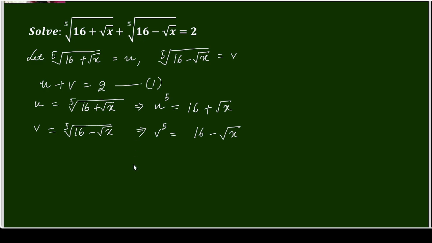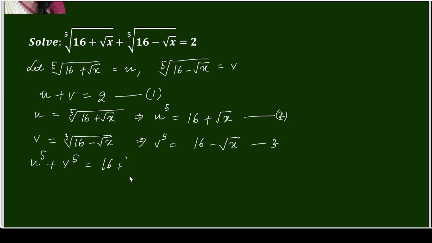Adding these two expressions, 2 and 3, u to the power 5 plus v to the power 5 equals 16 plus square root of x plus 16 minus square root of x, which equals 32, because these two cancel.